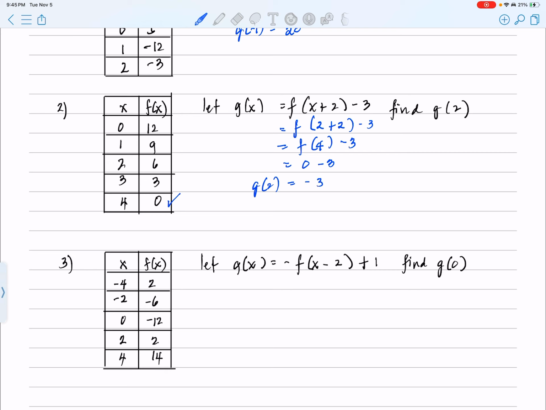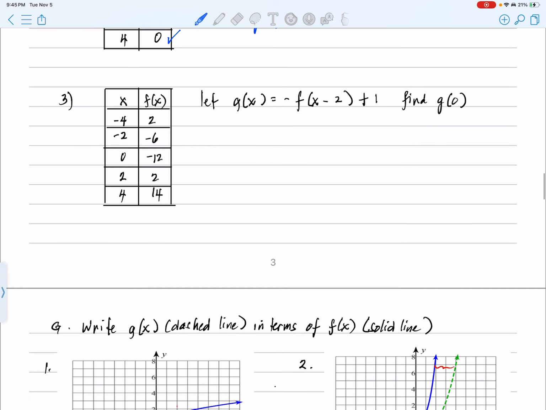Okay? Let's have the third one. Let g of x equal the negative of f of x minus 2 plus 1. Find the g of 0. So we have a negative f, that is x minus 2 plus 1. So we'll substitute a 0 for x minus 2.